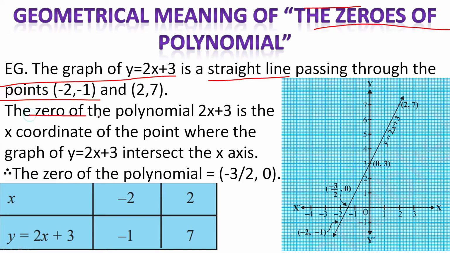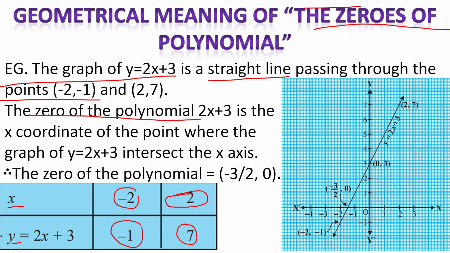Putting the value of x, you will get the value of y. For example, if you put x is equal to minus 2 in 2x plus 3, you will get y is equal to minus 1. If you put 2 instead of x, the y value you will get is 7.